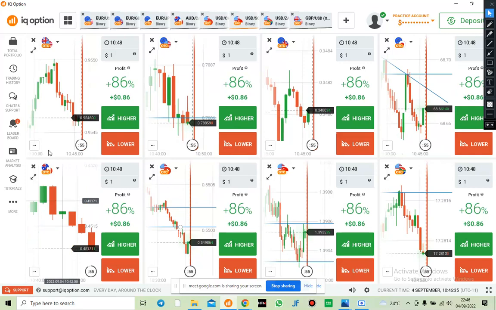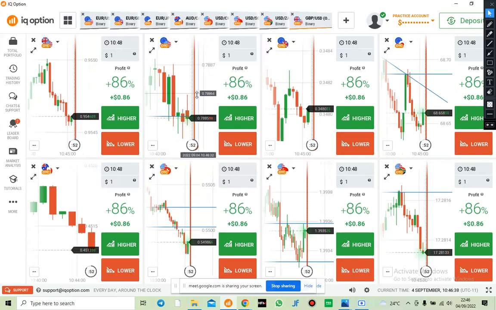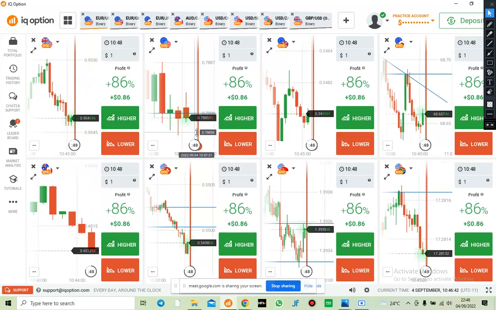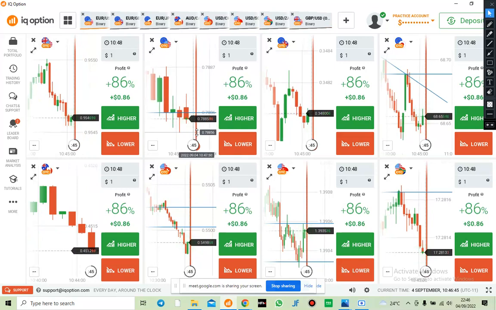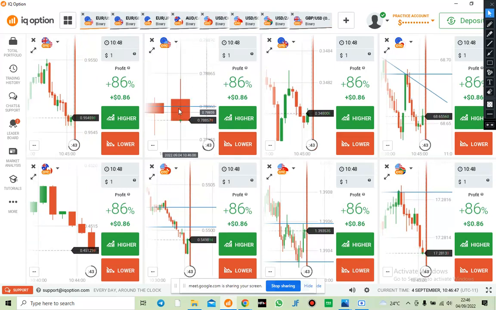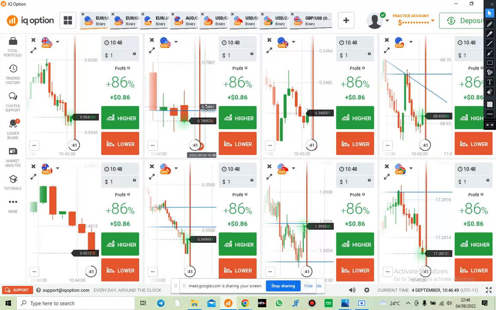Still unable to find the pattern. This is a gap. The red candle is still forming.